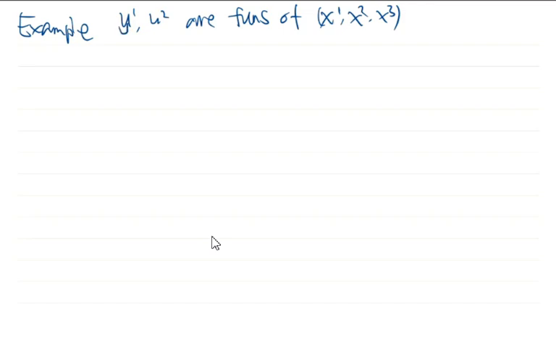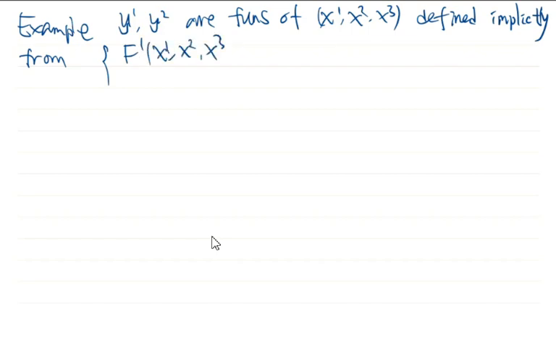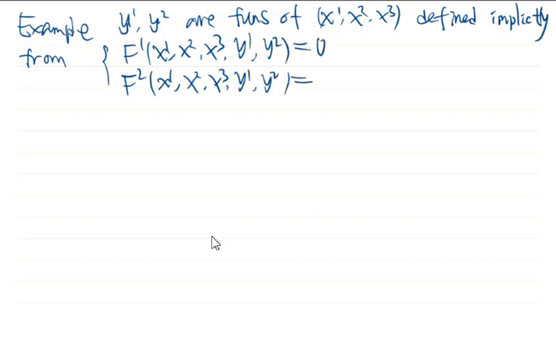Maybe we use y1, y2. Defined implicitly from F1(x1, x2, x3, y1, y2) = 0 and F2(x1, x2, x3, y1, y2) = 0.